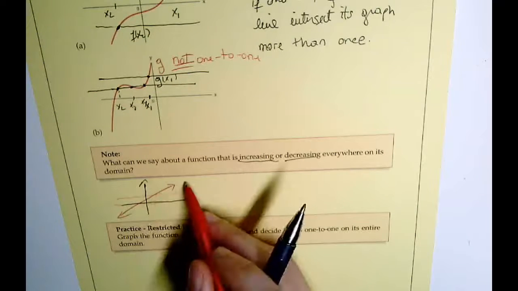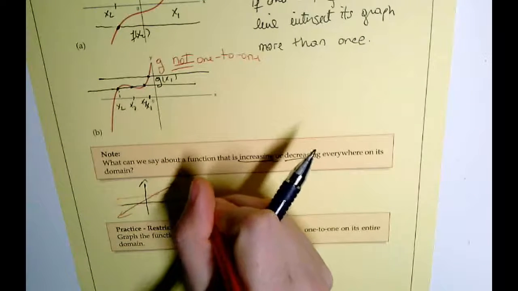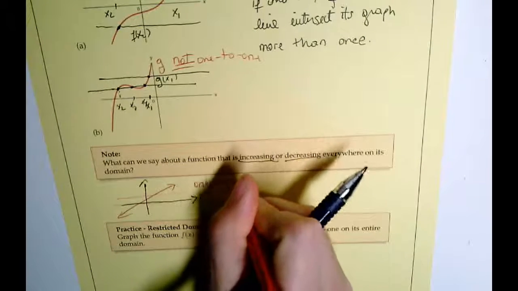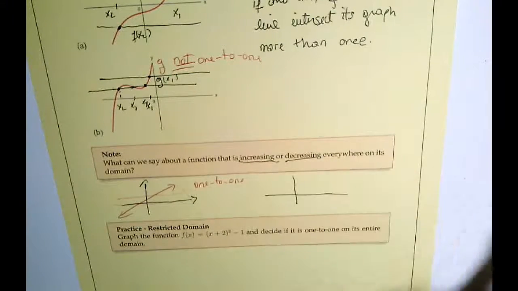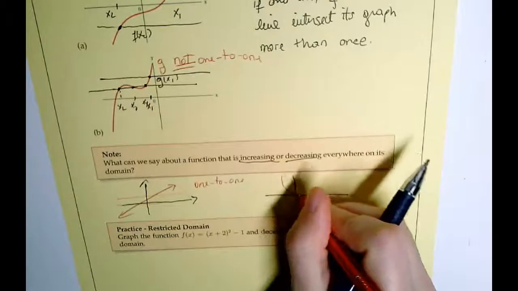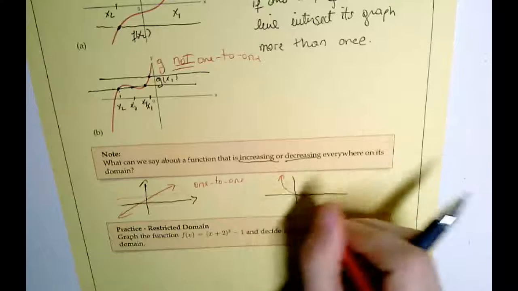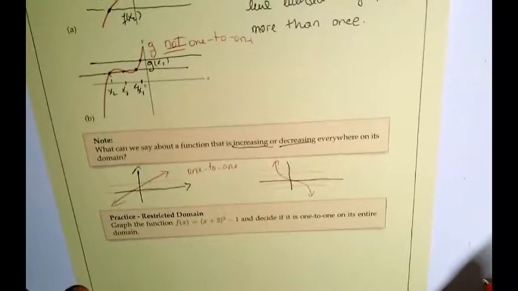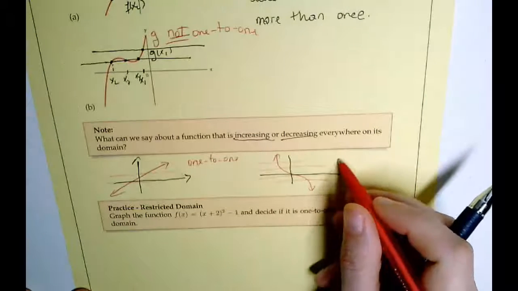So if you're increasing everywhere on your domain, you're always going to be 1-to-1. Similarly, if you're decreasing everywhere, it's also 1-to-1. Any horizontal line is going to cross it in just 1 spot, again because it's not going to start increasing somewhere.